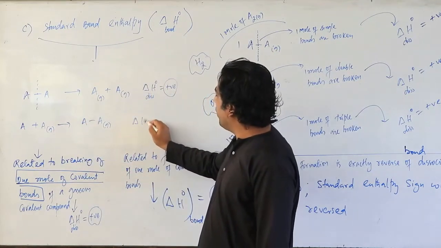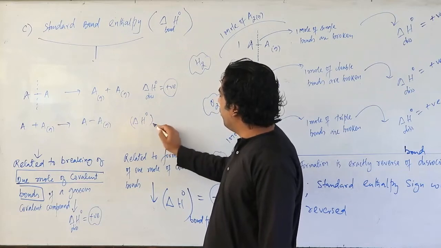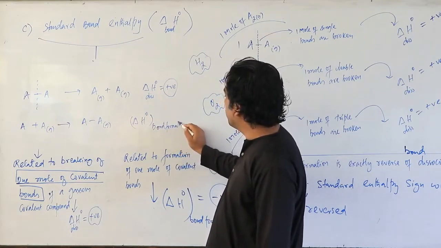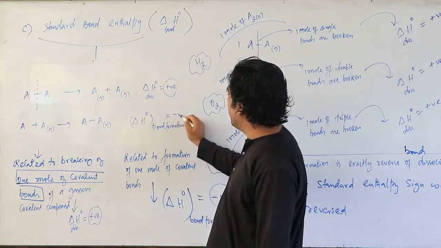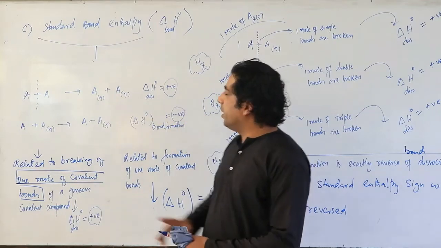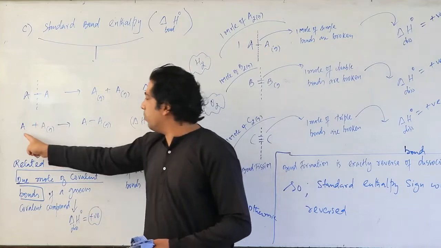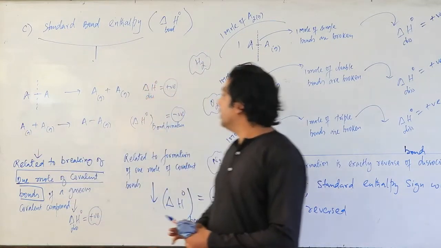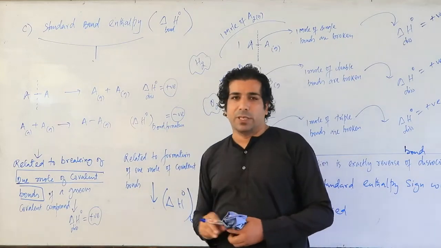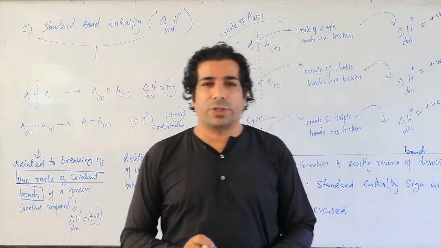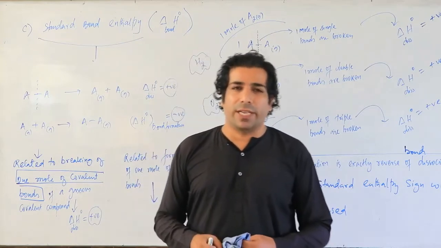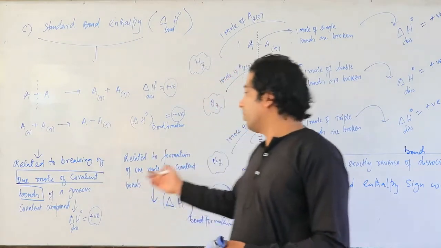So standard enthalpy of bond formation will be here negative, it will be exothermic. Here we are breaking the bond and here we are making the bond. So this is positive and this is negative. So we will focus on the bond dissociation enthalpy here. And one more term is there, that's called average bond enthalpy. So please make note of this.